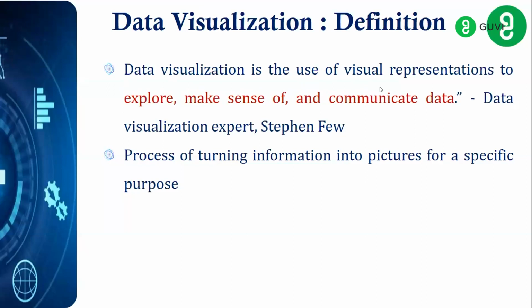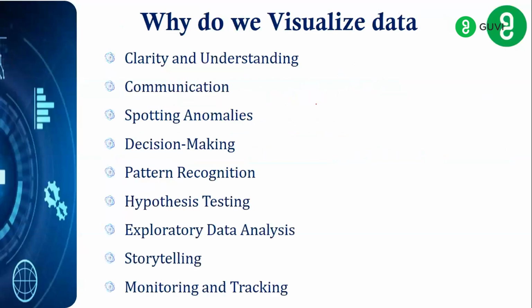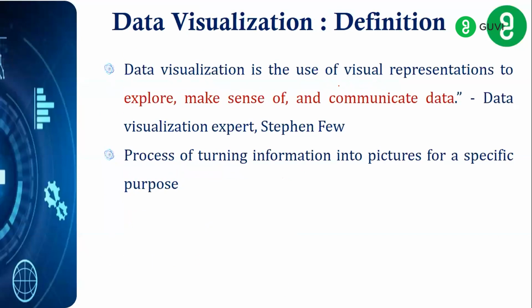Data visualization is the use of visual representation to explore. The first thing is you will get raw data and you have to explore the data first. Then you should make sense of the data, and then you can communicate the data to the audience. These are the formal definition of data visualization.